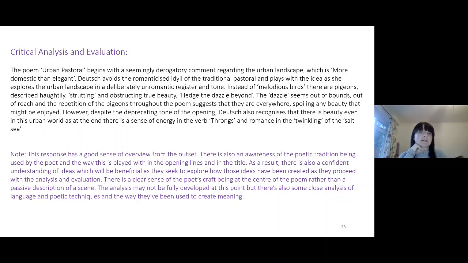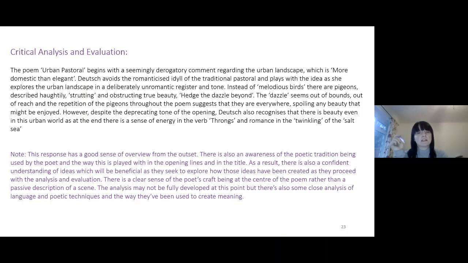Deutsch avoids the romanticized idyll of the traditional pastoral and plays with the idea as she explores the urban landscape. Okay, so here what this candidate is doing is looking at genre and what pastoral poetry means. Okay, the traditional genre of pastoral poetry is romanticized, it is idyllic, it looks at nature in a really glorified manner. And this is what this candidate is doing.